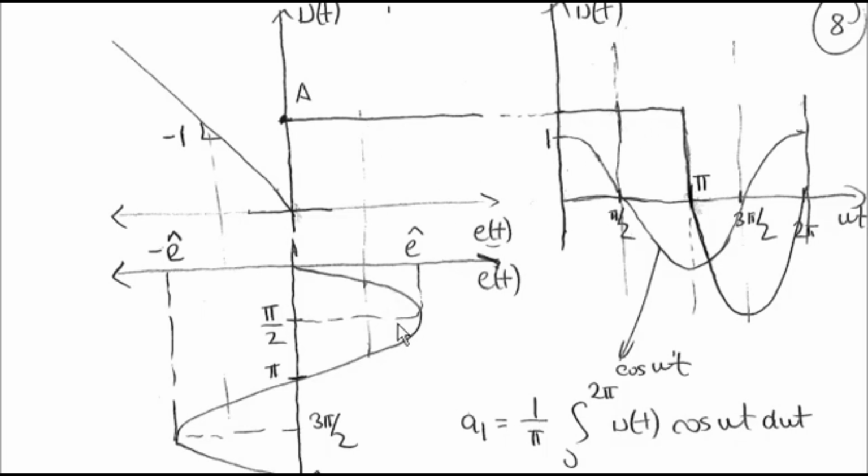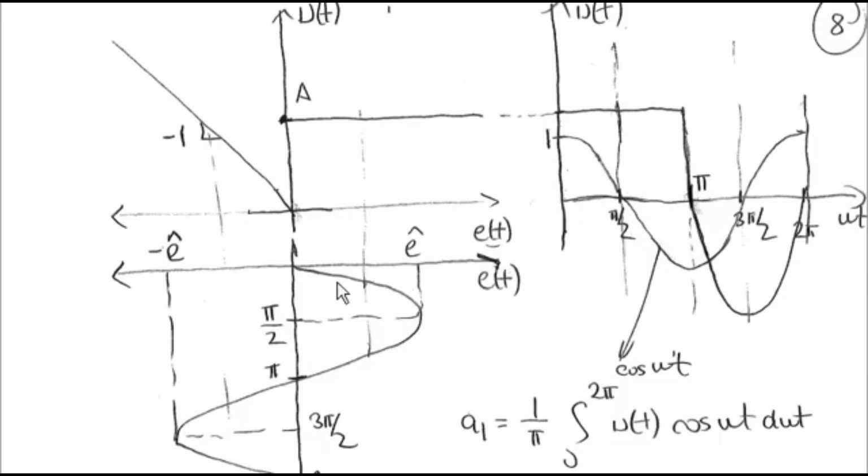So since the sine function is symmetric with respect to pi over 2 between 0 and pi, if I have a static nonlinearity like this, its shape really doesn't matter. It can have any other shape here. As long as it is single valued, as long as it is static, the output will be symmetric with respect to pi over 2 in the interval 0 to pi here.